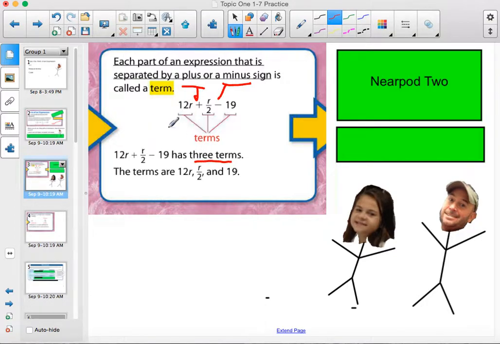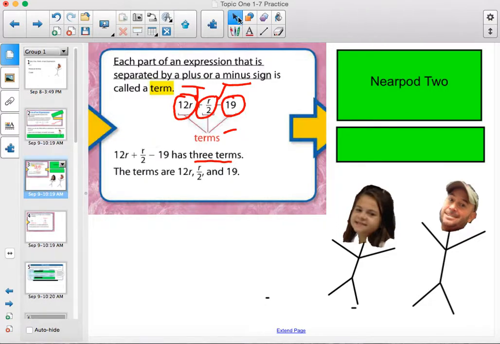The terms are right here, 12 times r, and right here, r divided by 2, and 19. Now, 19 is just an amount by itself, but it's still considered a term. So this expression has 3 terms. The terms are 12r, r divided by 2, and 19.